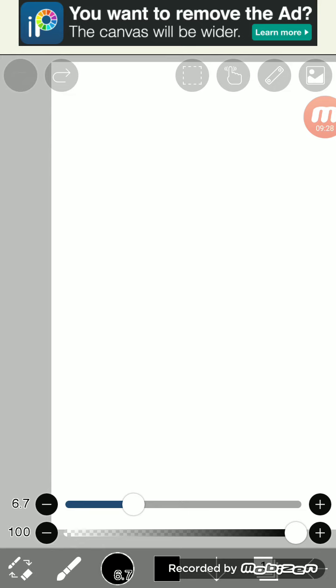So next one is mass and weight. Here, the mass of an object.